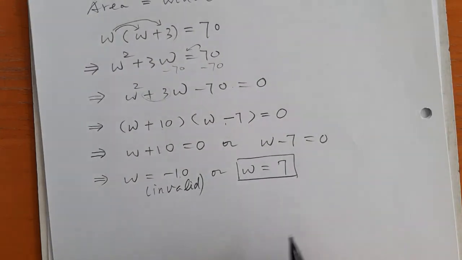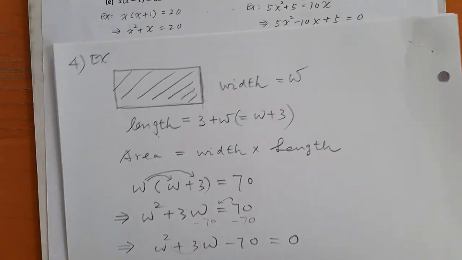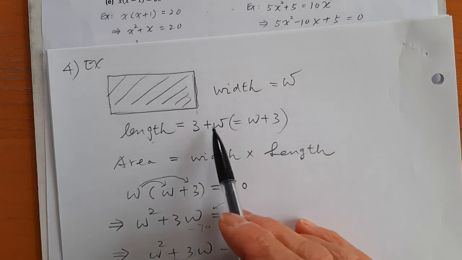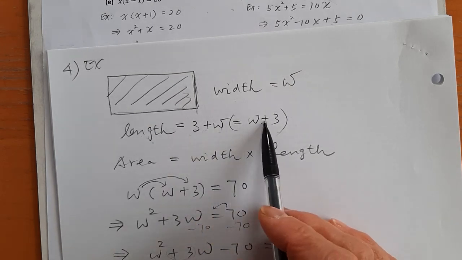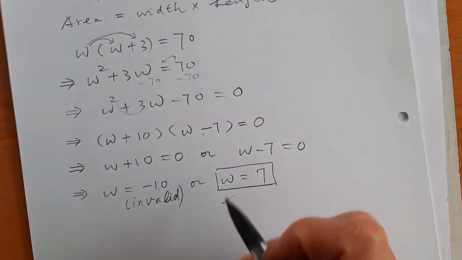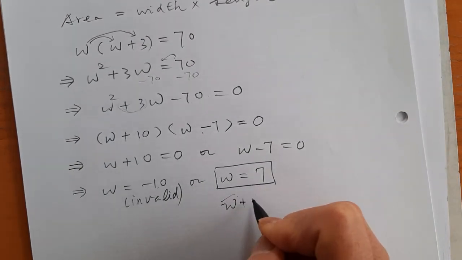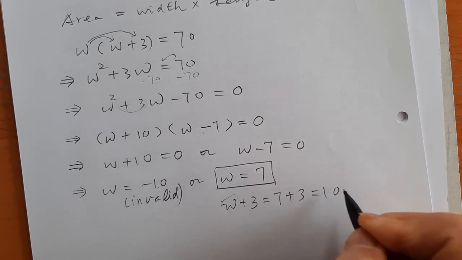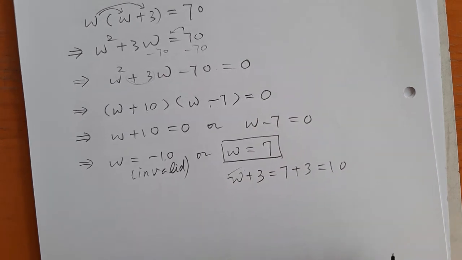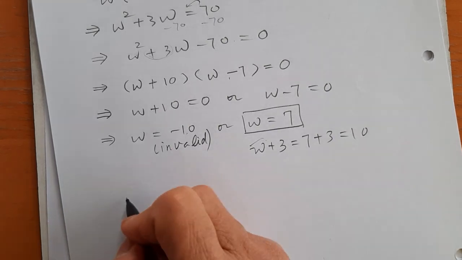The question says find the width and the length. The length is 3 meters more than the width, so it's 3 plus W, or W plus 3. So 7 plus 3 is 10. And then you can check it.